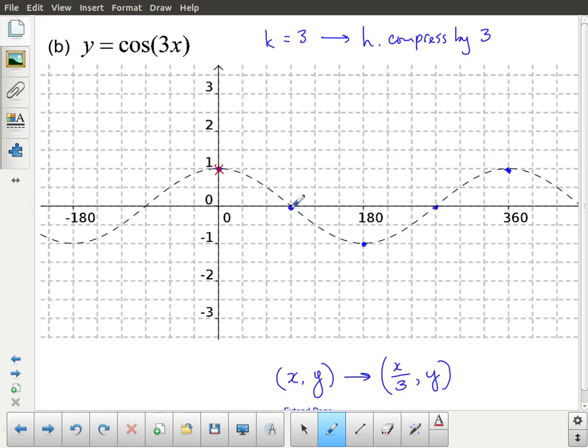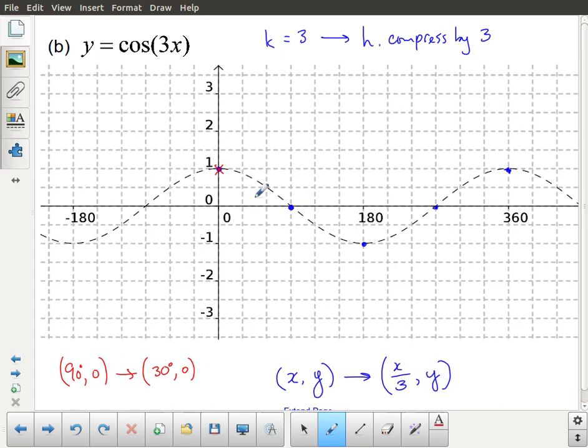This is the point 0, 90. I'm sorry, 90, 0. So maybe it might be worth it here in this case to actually write it. 90 degrees, 0. We have to take the x value, which is 90 degrees, and divide it by 3. So it goes to 30 degrees. The y coordinate stays the same. I've got a convenient scale here.